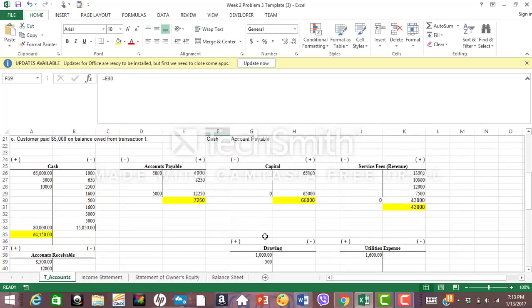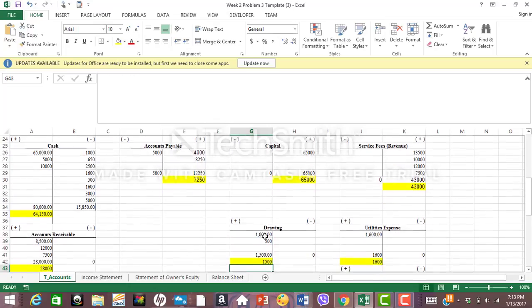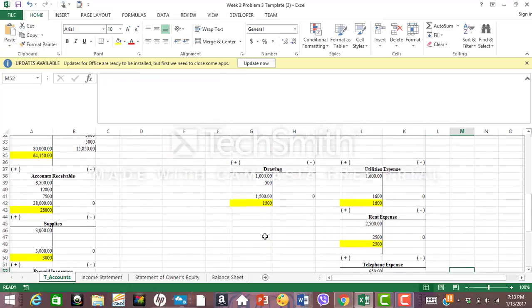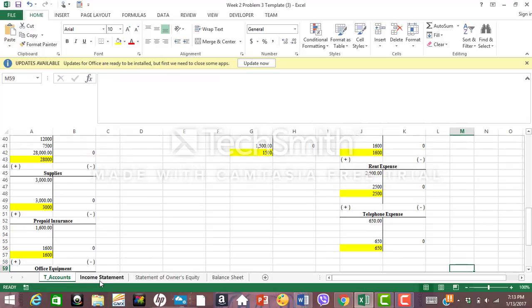As far as expenses, drawing is not considered an expense. So we have utilities expense, rent expense, and telephone expense.